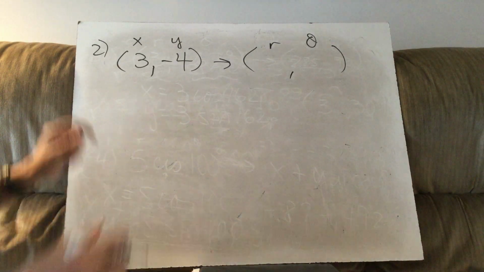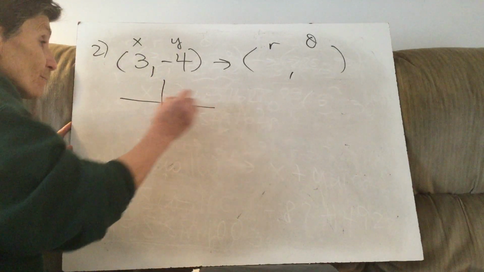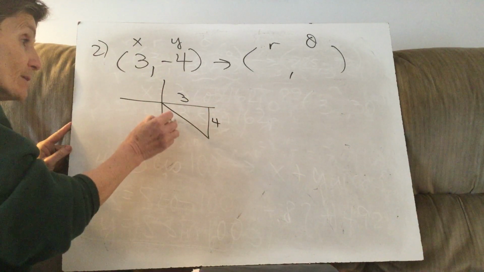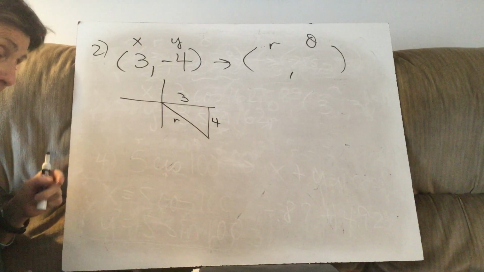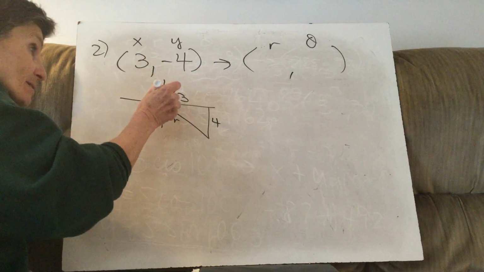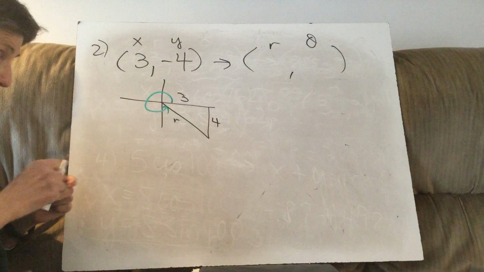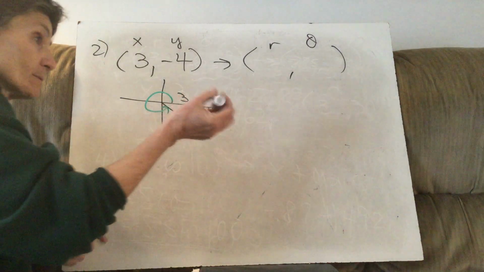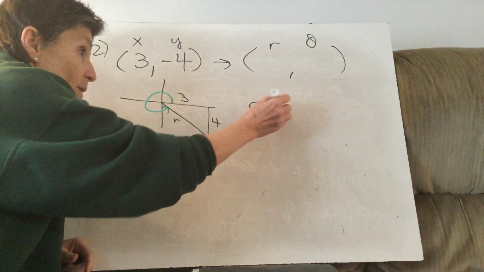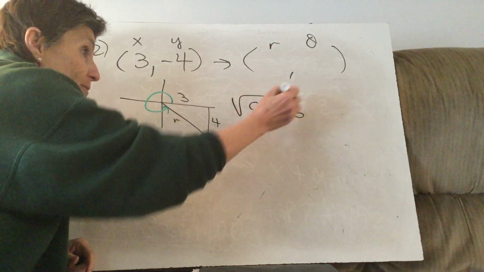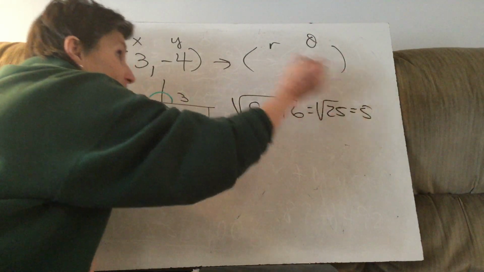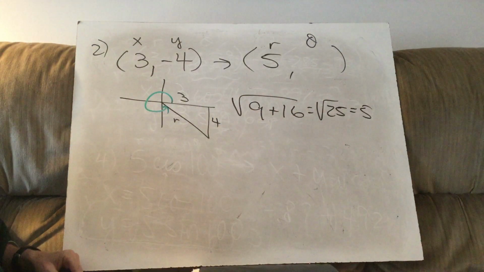So remember, when we do this, we draw a little picture. Over 3, down 4. This is r and this is theta. To find r, I'll square the first one, square the second one, add them together and take the square root. This time it works out to be just 5, so my r is 5.